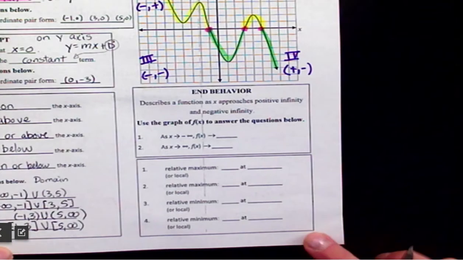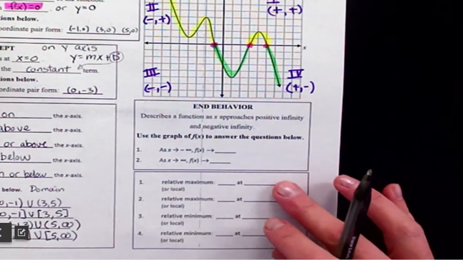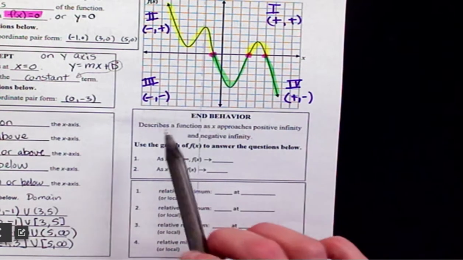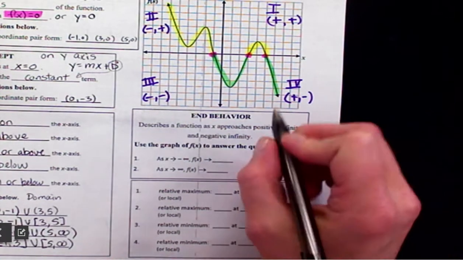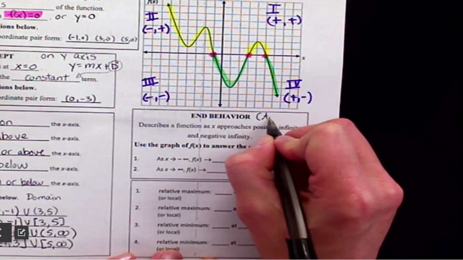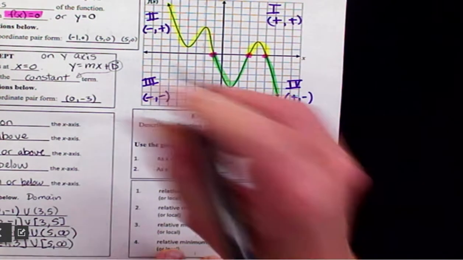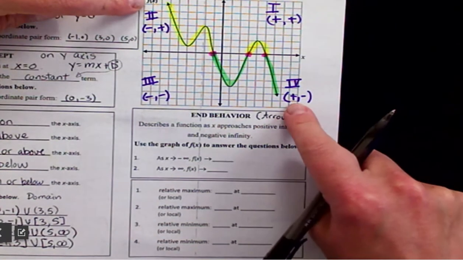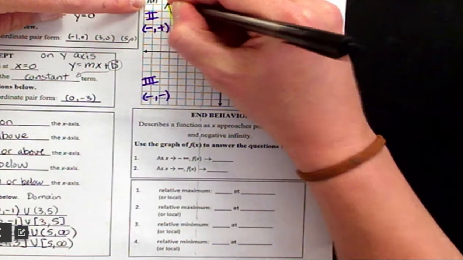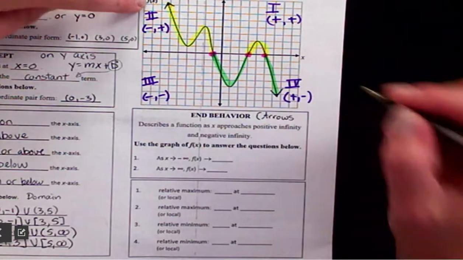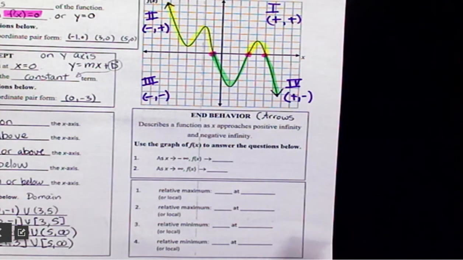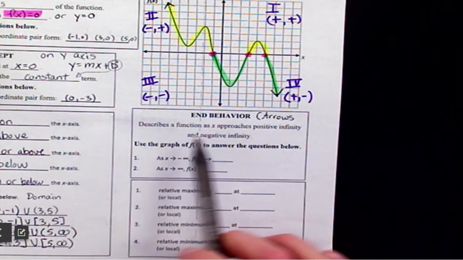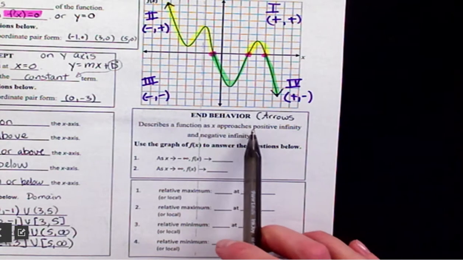We kind of already have this one labeled on our graph. End behavior is talking about the arrows. I see 2 arrows on my graph. Right, there's 1 arrow here in quadrant 2 and 1 arrow here in quadrant 4. End behavior is asking about x approaching positive infinity.